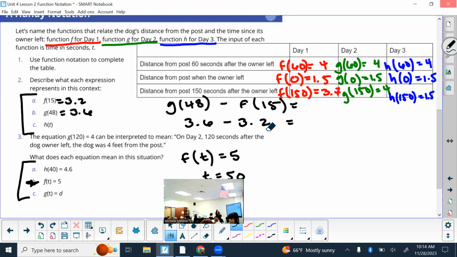And what is that value? 3.6 minus 3.2. 0.4. So don't get hung up on, oh my gosh, now it's really confusing. It's just as simple as it was when you did this. You just have to figure out, okay, well, what's the output for those? Do the math, and that's really it. That's going to be really similar to something on your unit test.